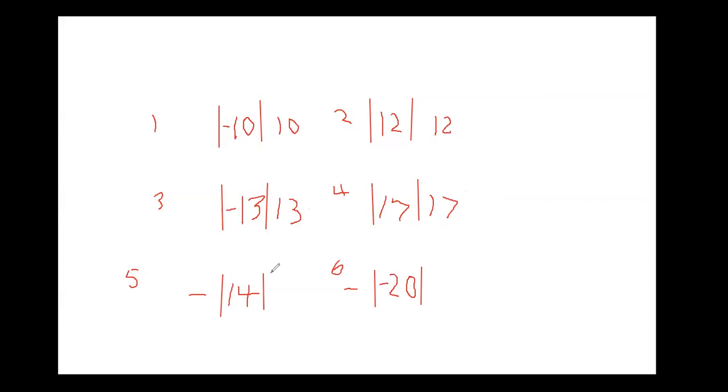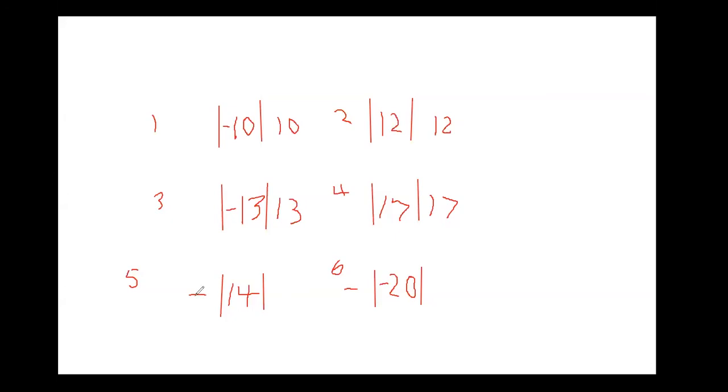When you have absolute value, you remove the absolute value, and whatever sign is outside the absolute value, that's what it becomes. Well, if it's a positive sign, that's not going to change it.